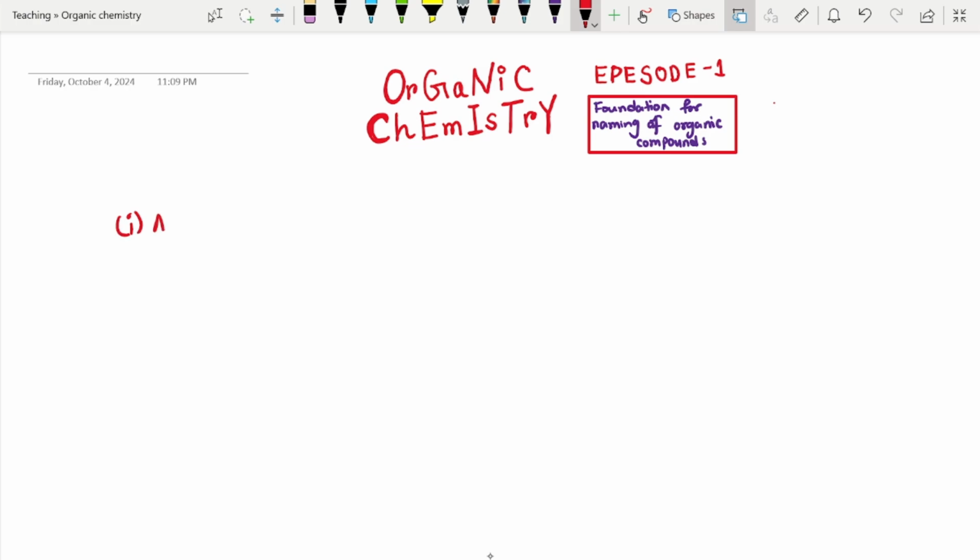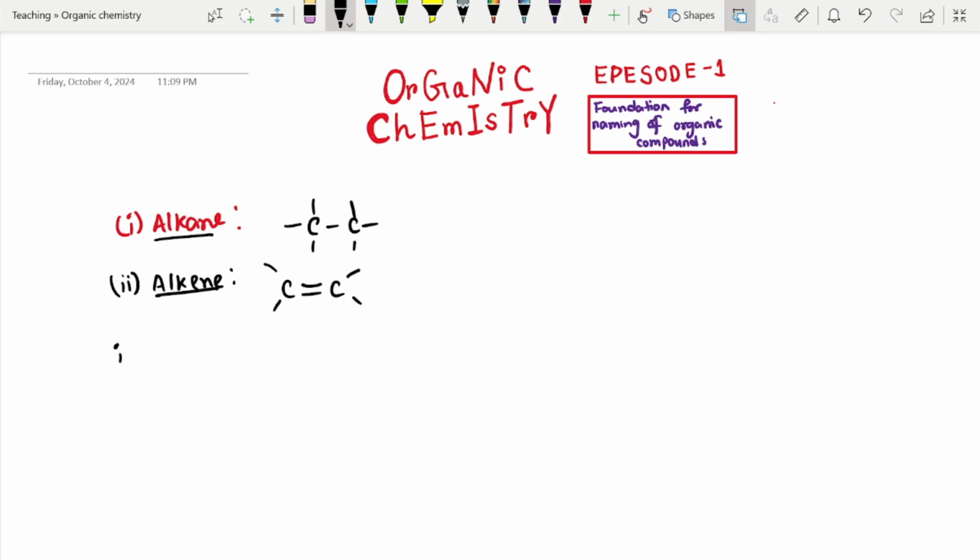The first one is alkane. Okay, let me use the black color. Alkanes have a carbon-carbon single bond. Number two is alkene, which is a carbon-carbon double bond.